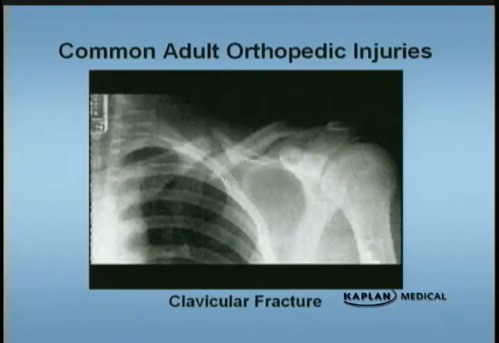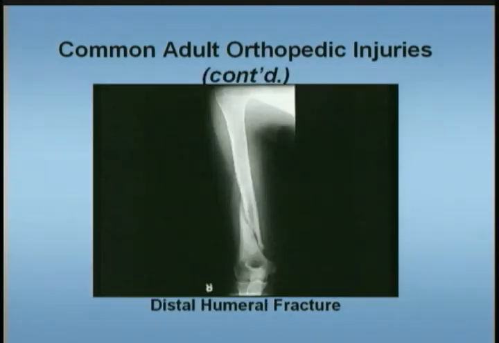We're going to review a few pictures, some of which we have shown you already, just so that we again have illustrations of common adult orthopedic injuries. The first one that you're looking at right now is a clavicular fracture. You can easily recognize the break in the bone. Here is a distal humeral fracture.